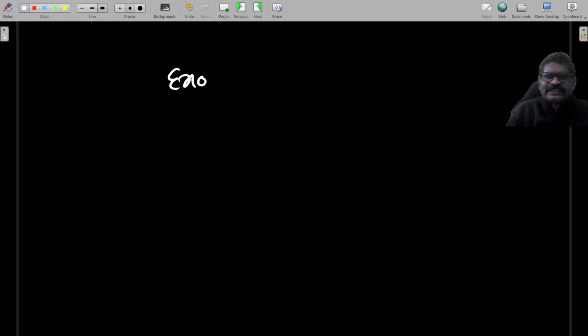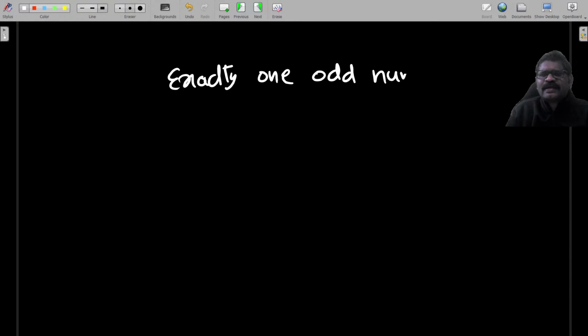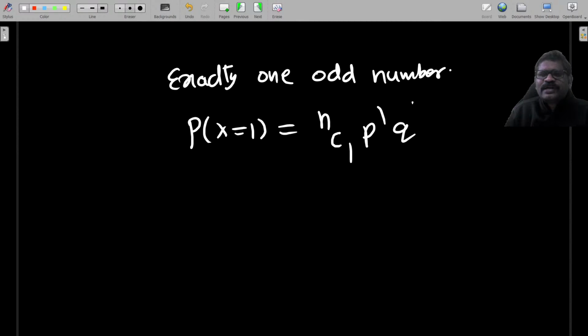So random variable x counts odd numbers. That's why exactly one odd number means probability of x equal to 1. In binomial distribution, probability of x is given by nCx. So here nC1, p power 1, q power n minus 1.